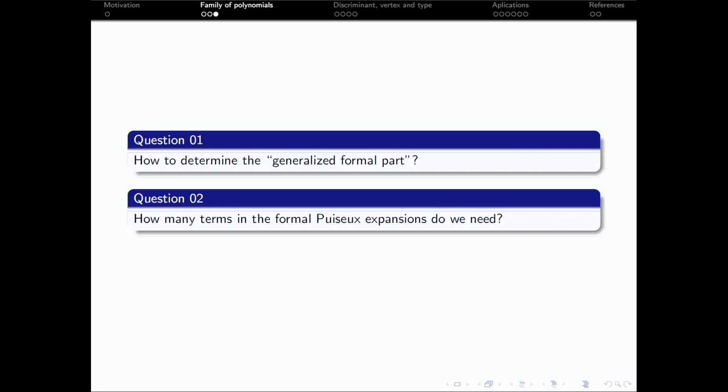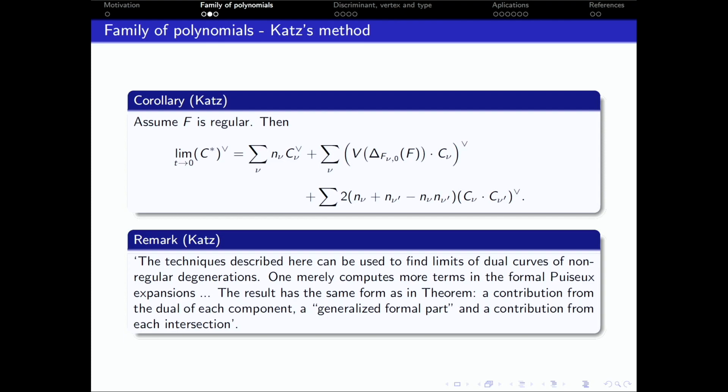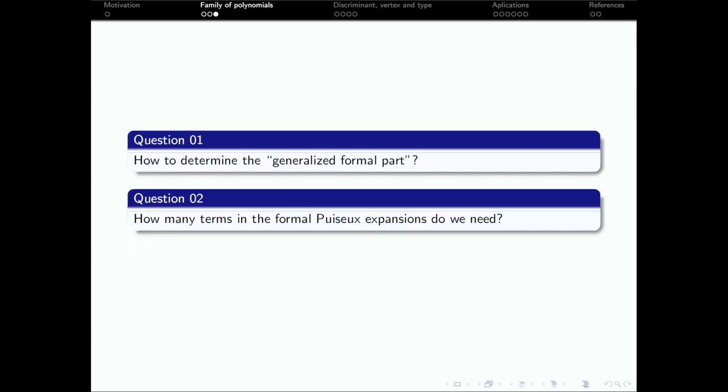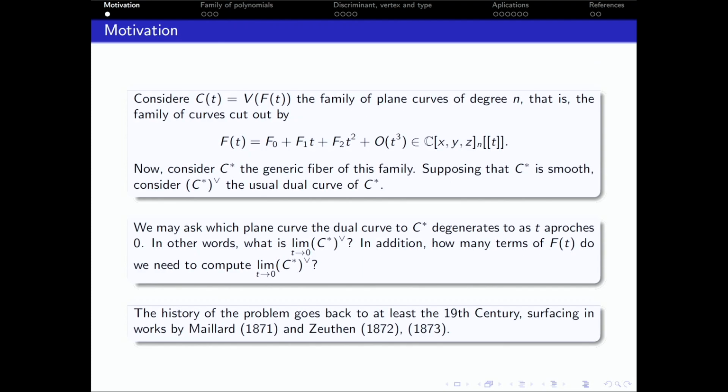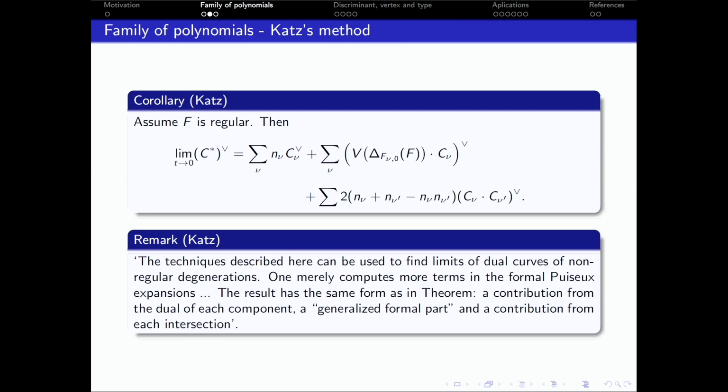The first question is important because it is the missing part of the formal general expression of this limit. And the second part is equivalent to determining how many terms of f we need to compute this limit.